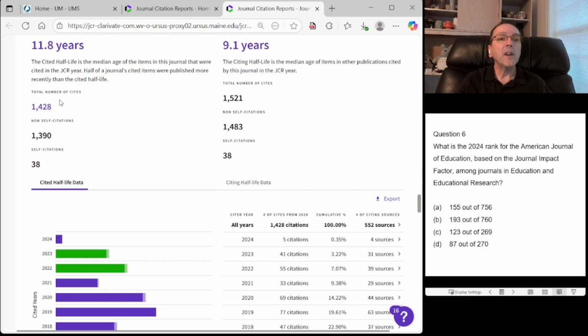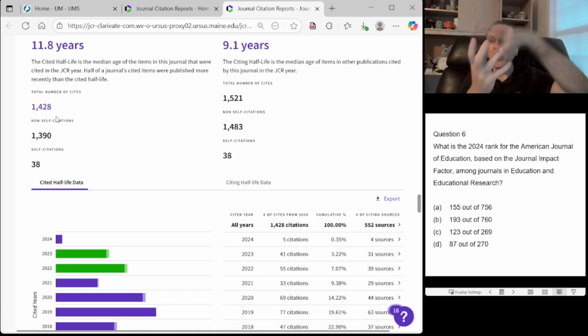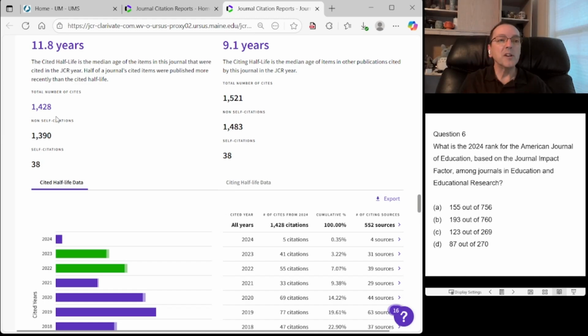You find out that it was 1,428 times. So in 2024, journals from anywhere cited an article that was published at some point in the American Journal of Education 1,428 times. That's looking at the whole, as far back as they go.